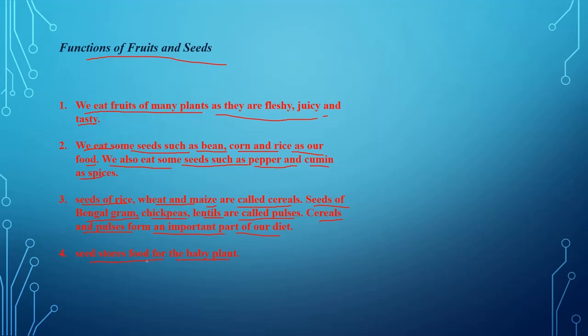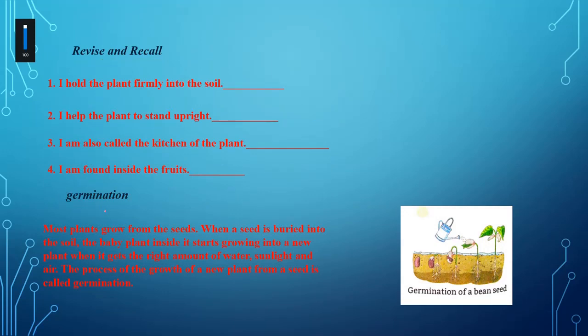Okay. So before we go to germination, we have a review and recall. I hold the plant firmly into the soil. The answer is root. Root will hold the plant firmly into the soil. Second statement, I help the plant to stand upright.